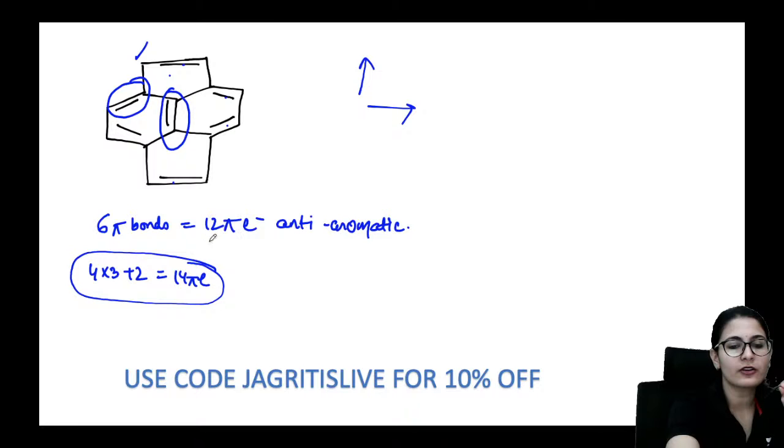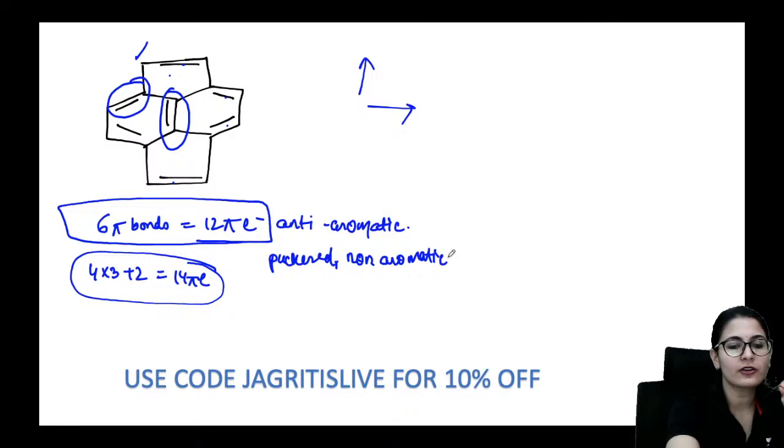So what happens is, since it is 12 pi electron system which is anti-aromatic system, it is going to become puckered, the molecule will become puckered and will tend to become non-aromatic. लेकिन ये डबल बॉन्ड जो है सेंटर वाला, it is still a non-Huckel double bond, it is still a non-Huckel double bond because cross conjugation is not favored.